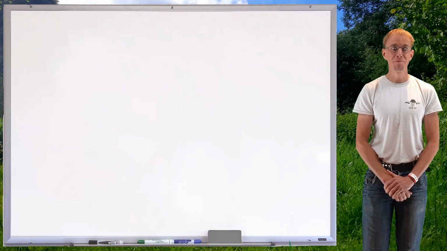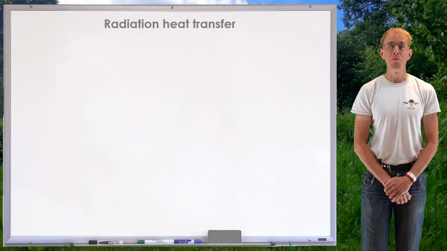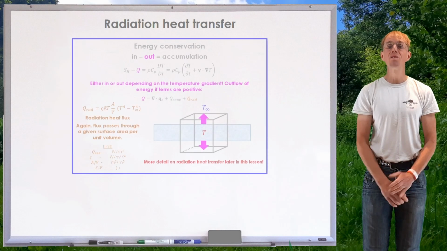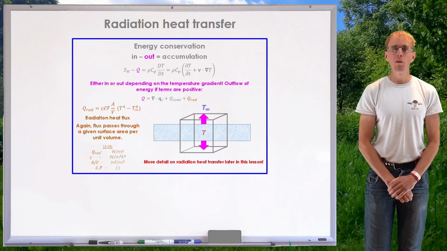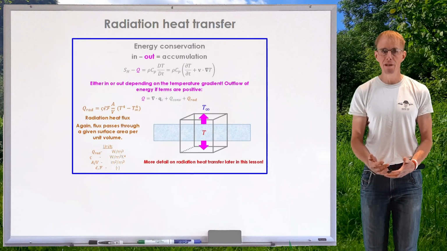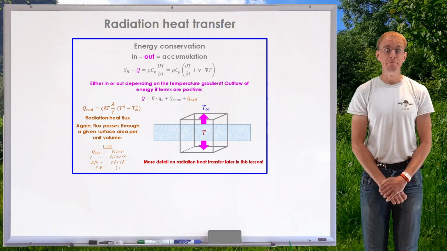So let's begin by reminding ourselves where in the energy balance radiative heat transfer is involved. Here on the whiteboard I'm going to put up a slide that we saw a long time ago now, and it is all around how we formulated the energy equation and the various terms therein.